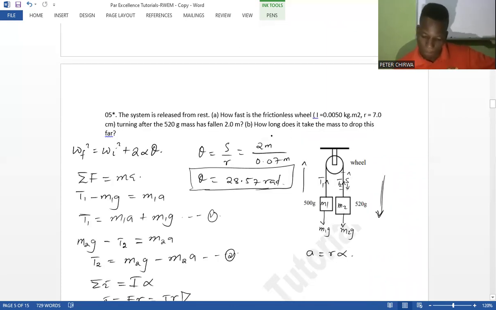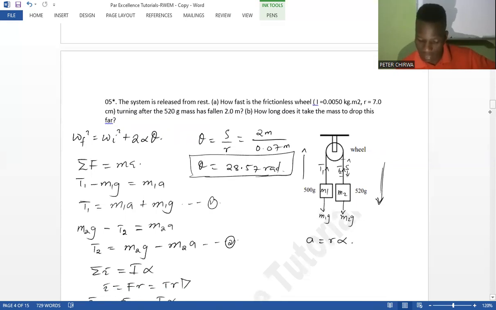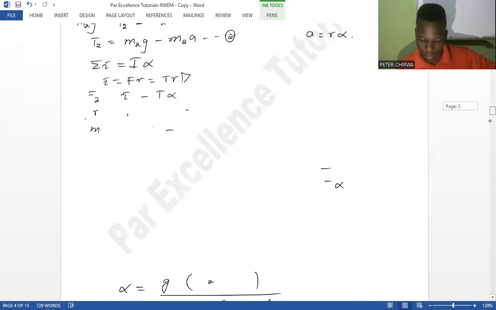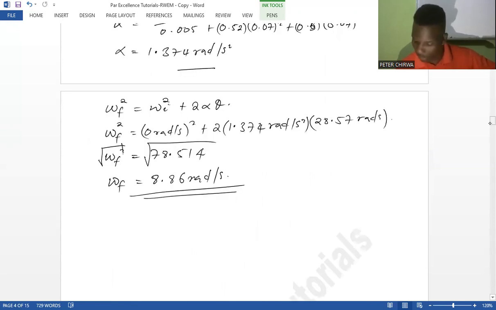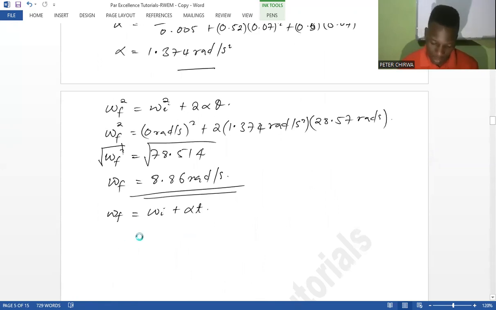Okay, so now, how long does it take the mass to drop this far? Now they're asking us to find the time taken. So at least we have a good number of things, and we know that final angular velocity can also be written in this form, so that the time taken is basically that.